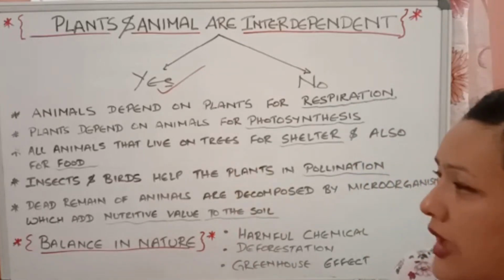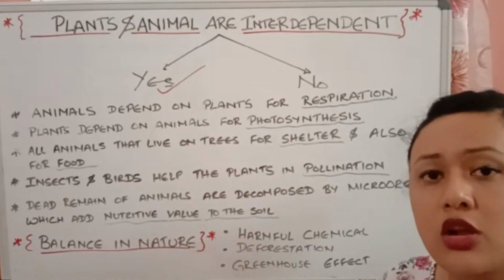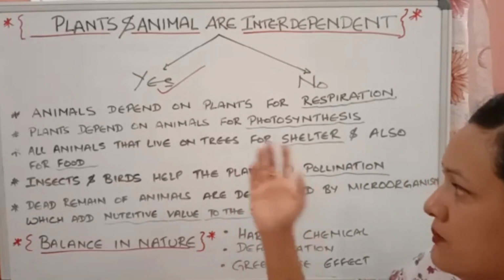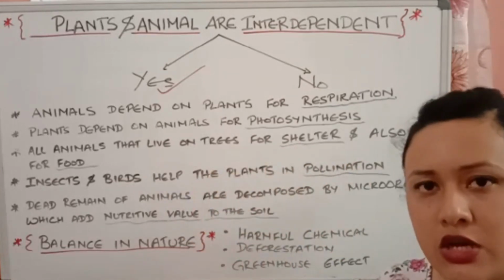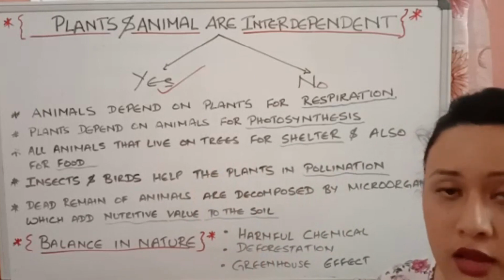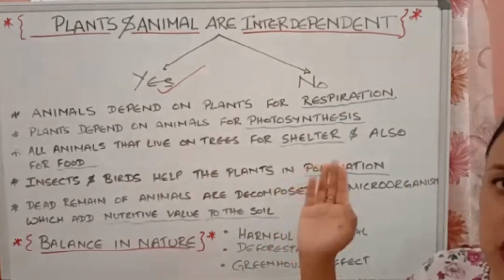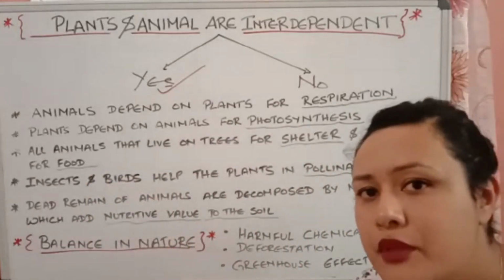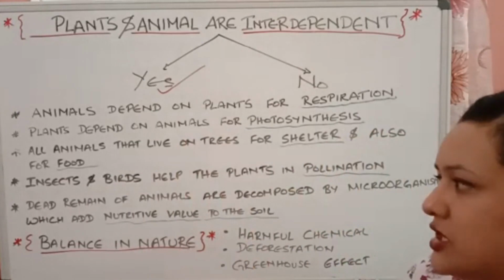So for the animals living on the trees and in the forest areas, plants, trees, the forest provide them shelter, a home. Yes or no? The habitat where they stay. And not only shelter, but it also provides them food. So this is how they depend upon each other.